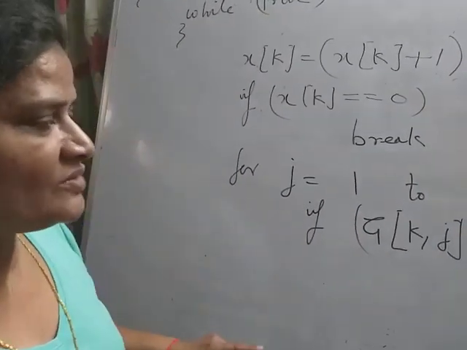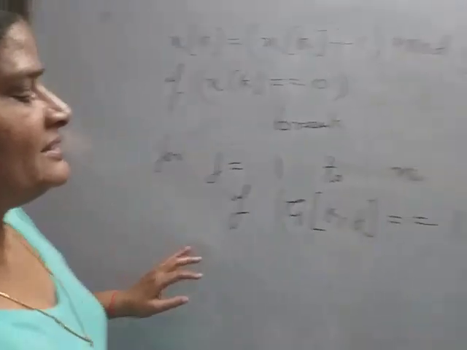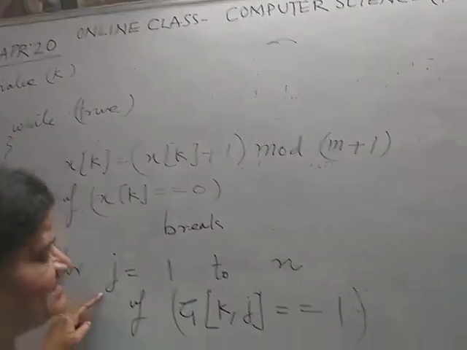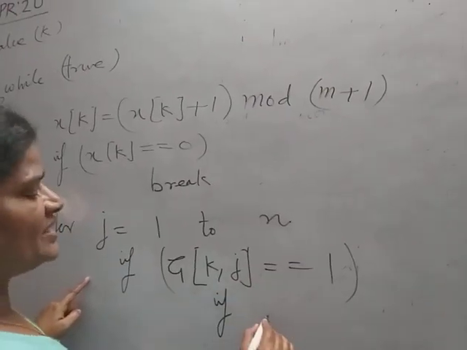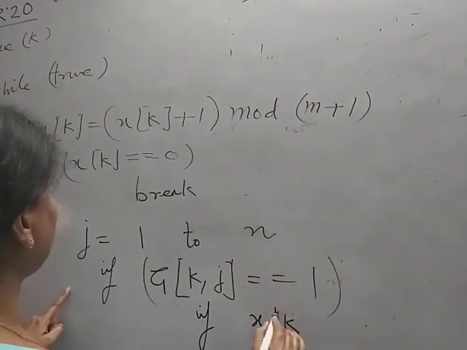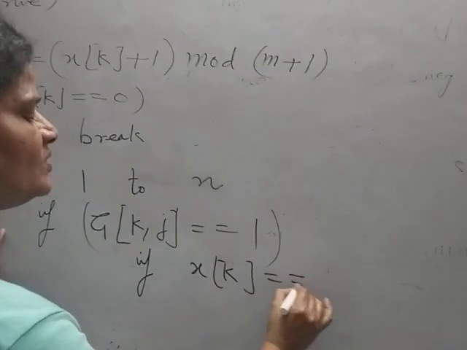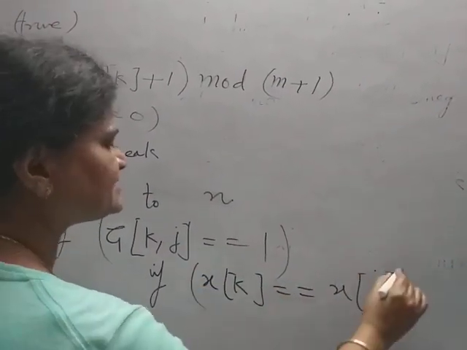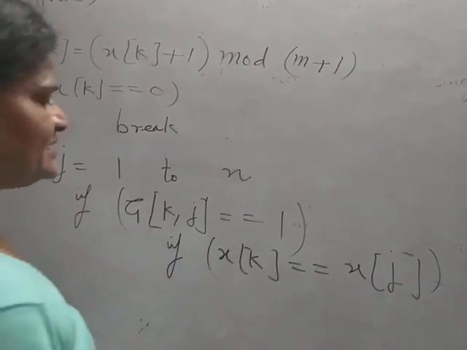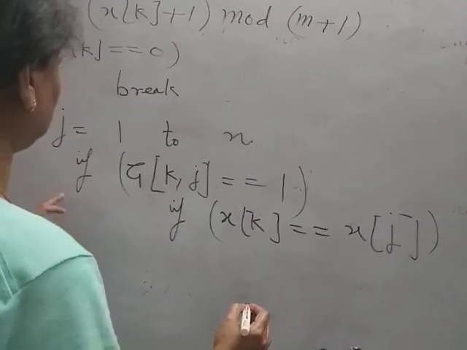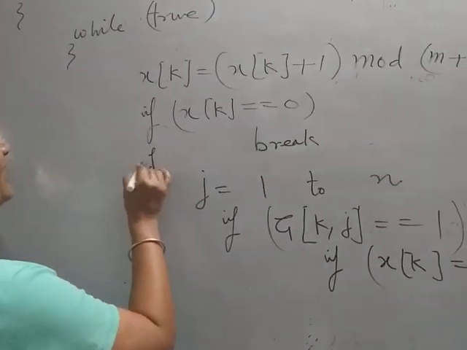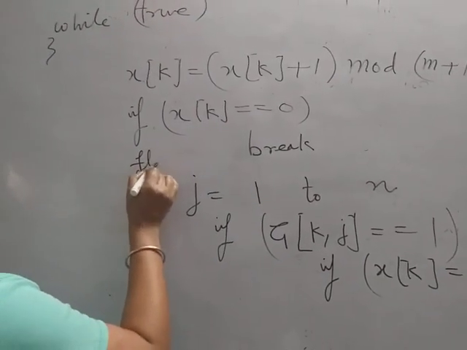If it is, then you have to check that xk and xj will not be the same. If xk equal to xj, then take one variable, say flag.